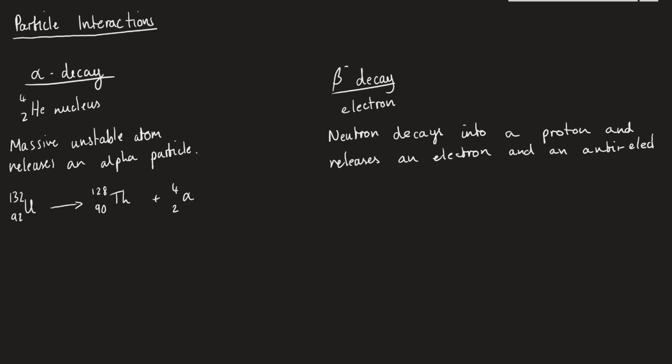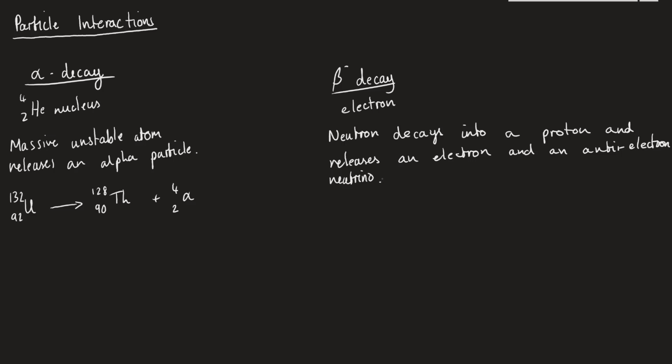Okay, so this is the full process. So a neutron inside the nucleus of this element decays into a proton, releases an electron and an anti-electron neutrino from the nucleus of the atom.